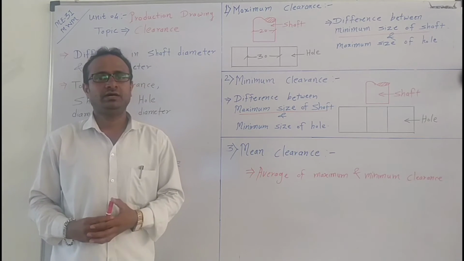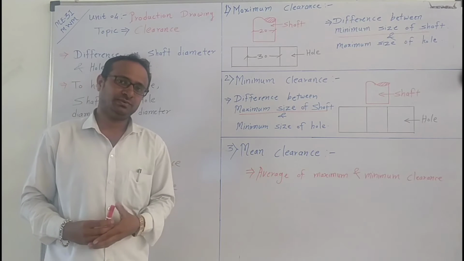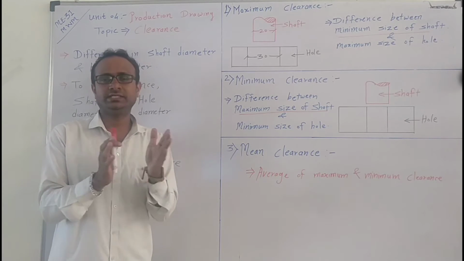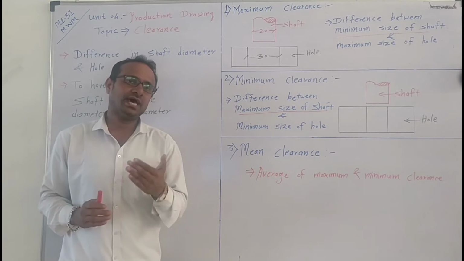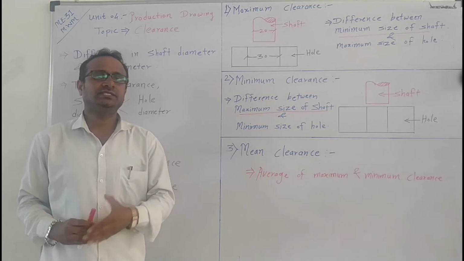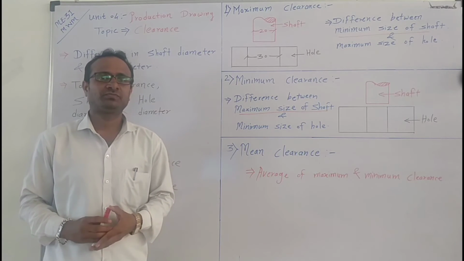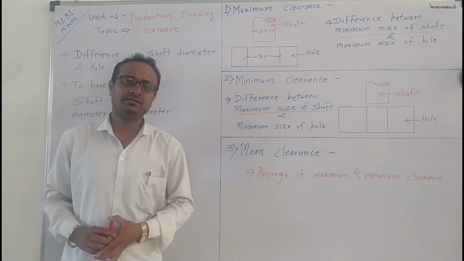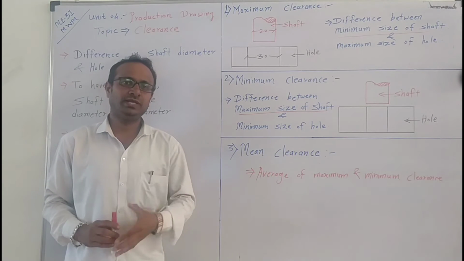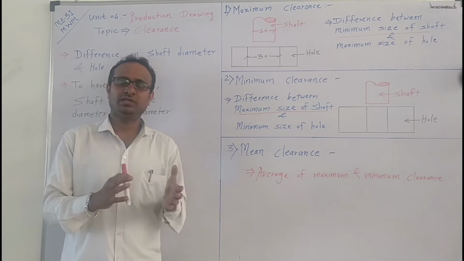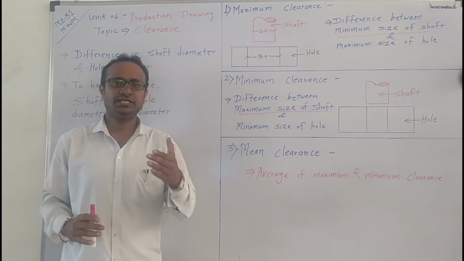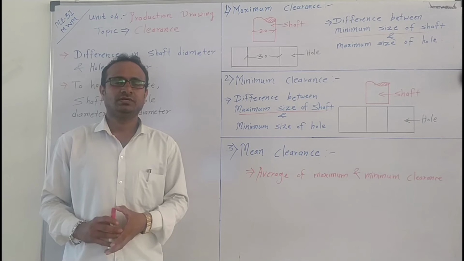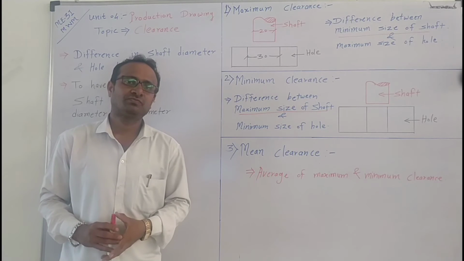For example, a piston and cylinder arrangement. In a piston and cylinder arrangement, the piston acts as the shaft and the cylinder acts as the hole. We are using piston and cylinder in different automobiles, may be two-wheeler, may be four-wheeler, in engine components, in JCB.